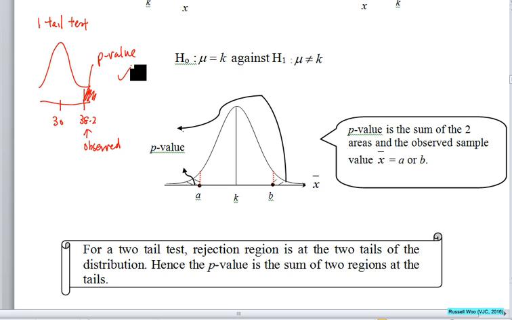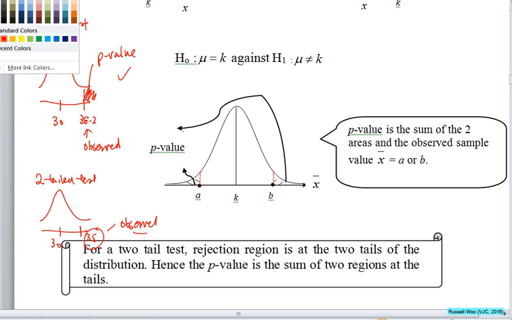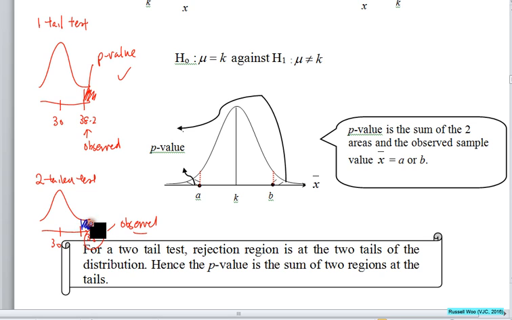For a two-tail test, now if I observe, I'm not going to use 38.2. If I observe 35, for example, this is my observed value. What do you think will be my p-value? Remember that when I define p-value, it is the probability of obtaining a value as extreme as the observed value. So when I say extreme for a two-tailed test, it means not equals to k.